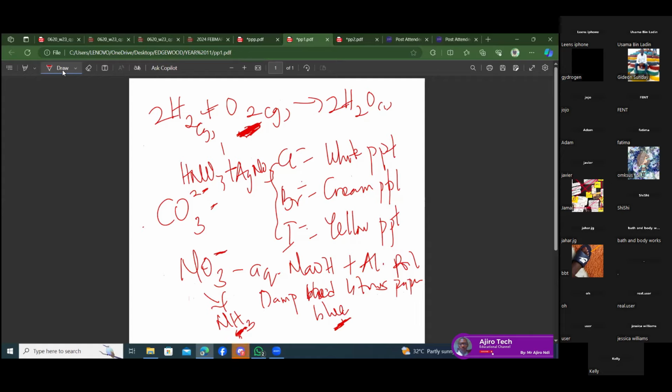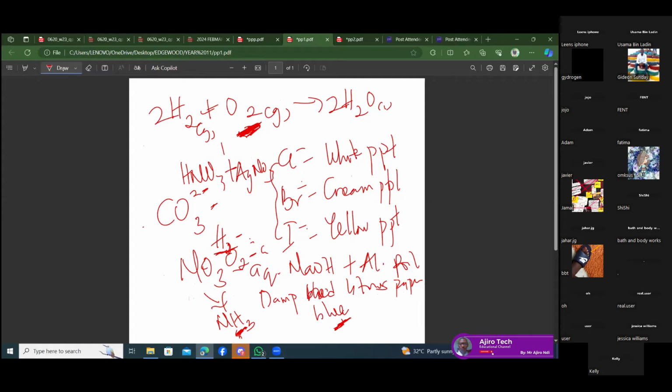Then for the test for hydrogen gas, you need a lit splint, and the result is a squeaky pop sound. When testing for oxygen gas, you need a glowing splint, and the glowing splint will ignite. So these are just the basic tests you can do.